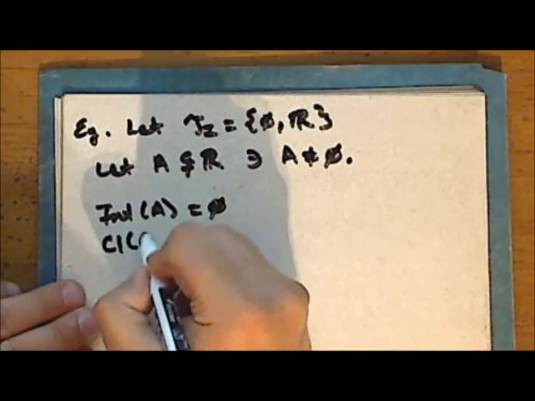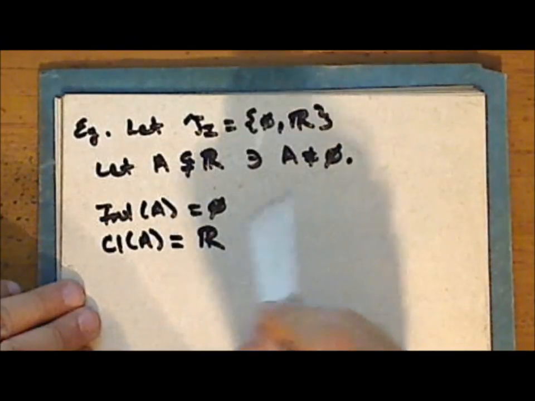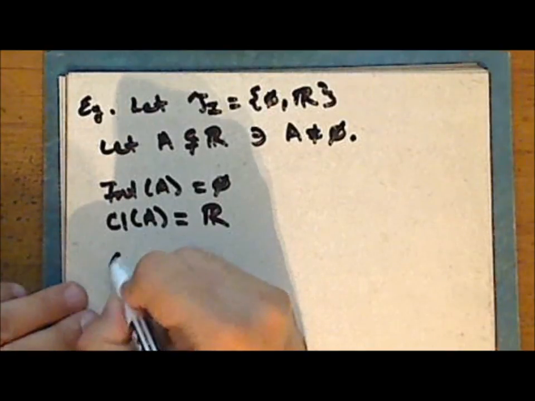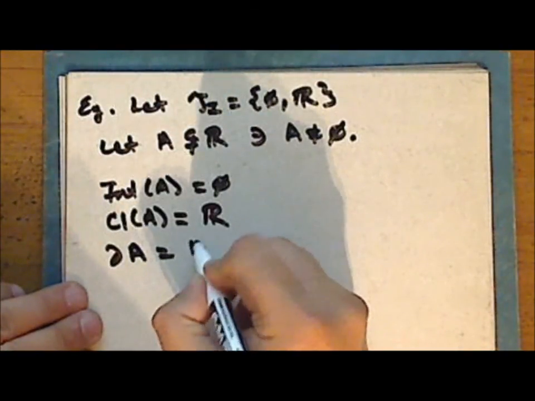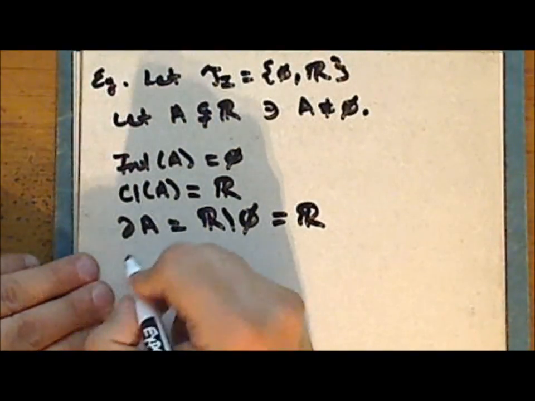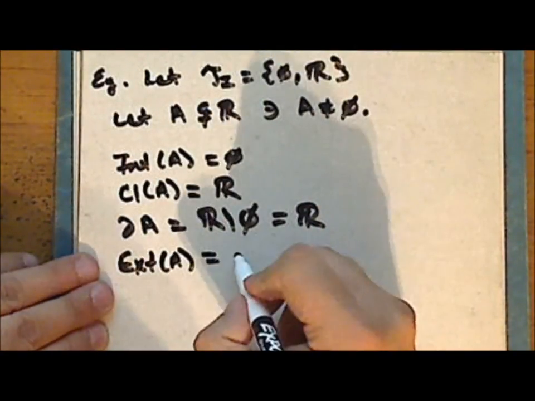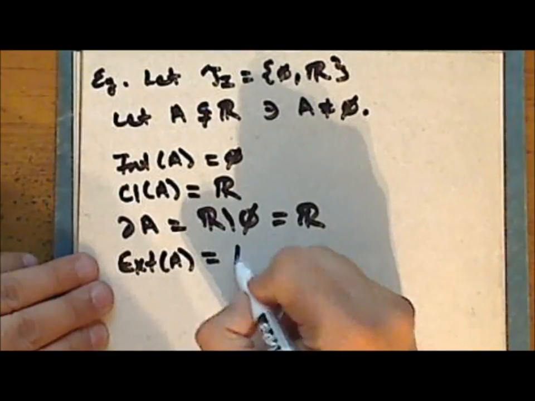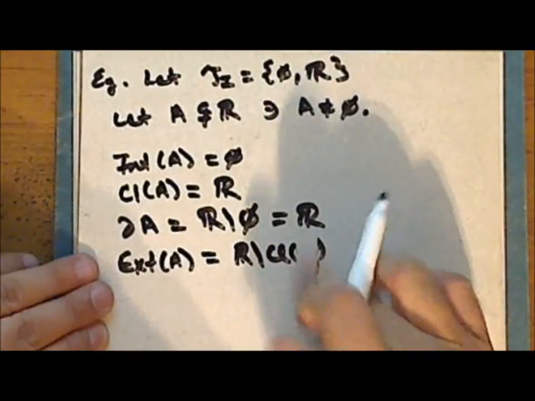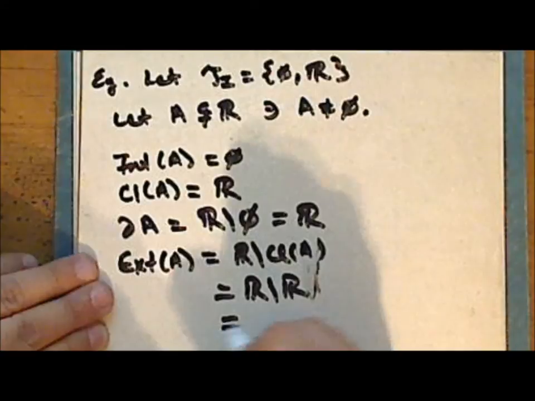The closure of A is the entire set of reals, because this is the only closed set that contains the set A. And so the boundary of A is R set minus the empty set, which is the entire set of reals. The exterior of the set A is the complement of the closure of A, which once again is the complement of the reals in itself, which is the empty set.